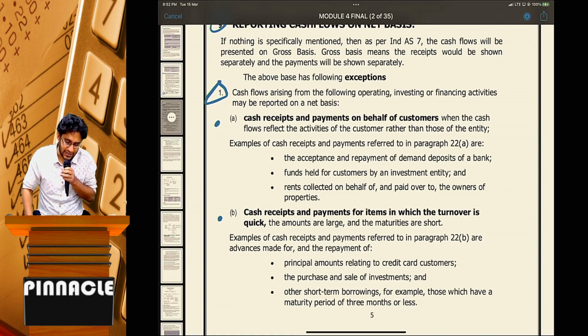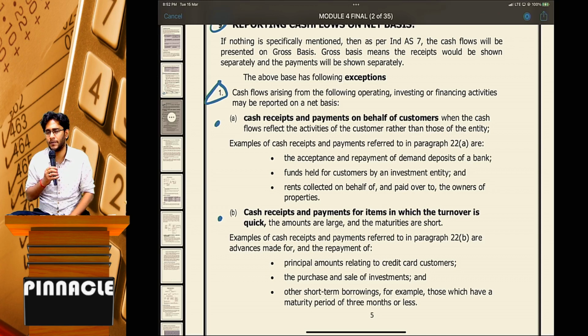Next, funds held for customers by an investment entity. Suppose, sir, I have a mutual fund investment. There is a fund manager. Let's say I gave him 25 lakhs to manage. The fellow managed. He still has some cash, 2 lakh rupees, which he did not invest. He is looking for an opportunity to invest. 2 lakhs is there. If I want, I can withdraw. So I have withdrawn 50,000. Again, I gave 80,000.